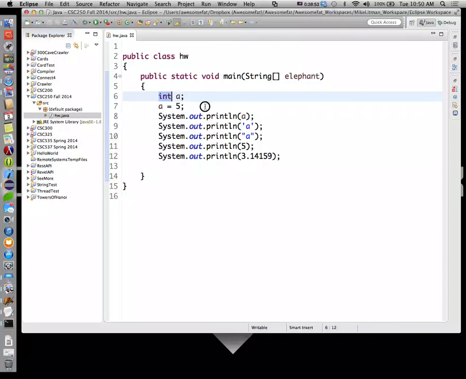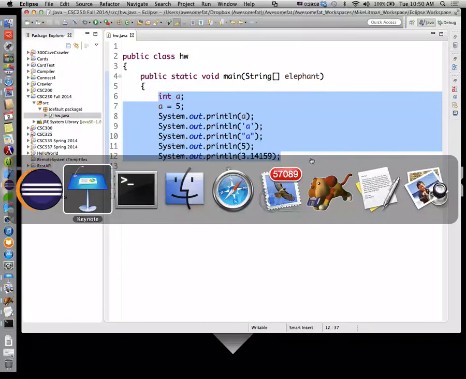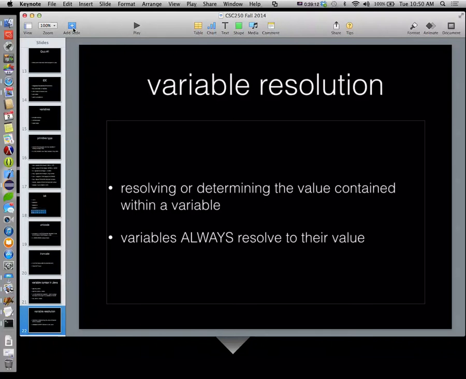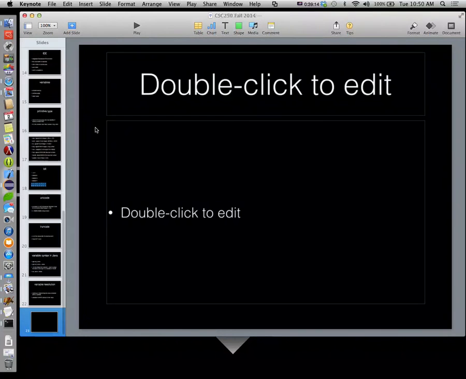Okay, so that's our introduction to primitive type variables. Now, what can we do with variables besides just display them? Well, we already saw one thing: we can change the value of variables, we can have their value vary. What else might we want to do? We're dealing with computer programs, and computer programs seem to be mathy. So what if we did math to them?